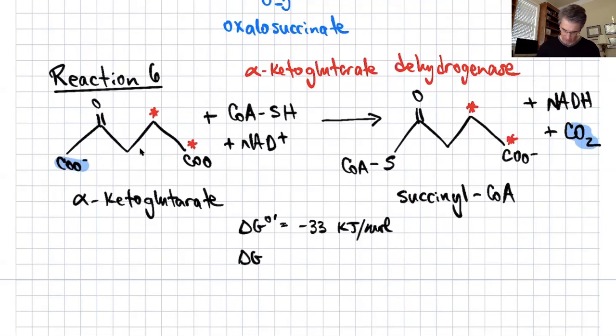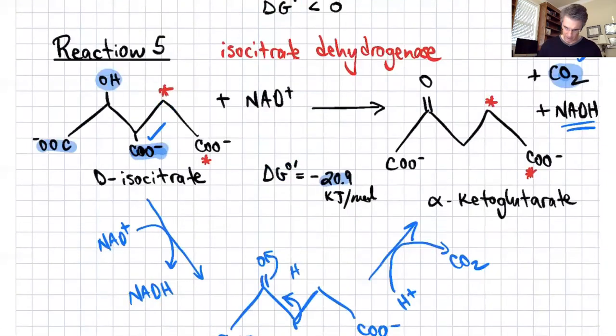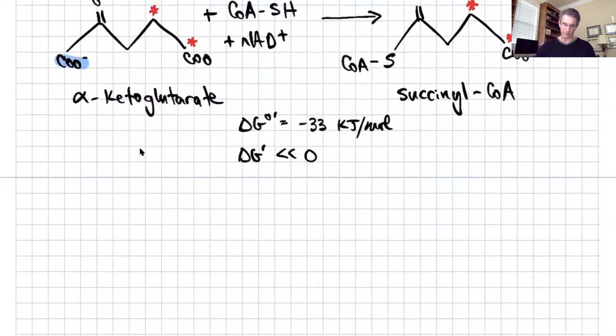Again, I don't know the standard cellular condition free energy change, but it's going to be that favorable. Same up here. I didn't know this one either, I have to admit. But again, the isocitrate dehydrogenase reaction is also going to be quite favorable.